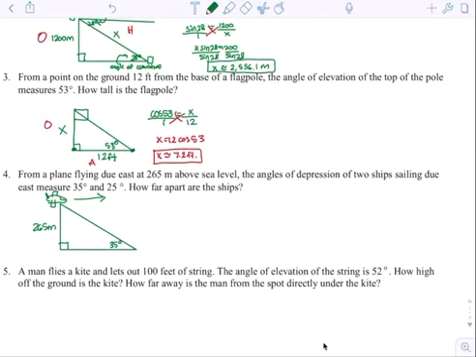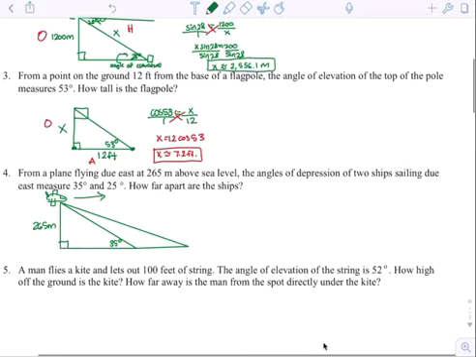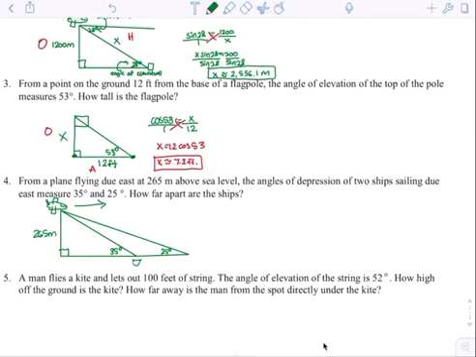Remember, angle of depression and angle of elevation are the same. Now we have another one, 25. So I'm going to make this angle. This one is going to be 25 degrees. This is where the first ship is, and this is where the second ship is.